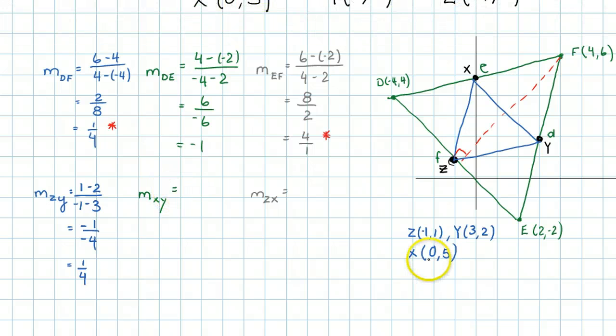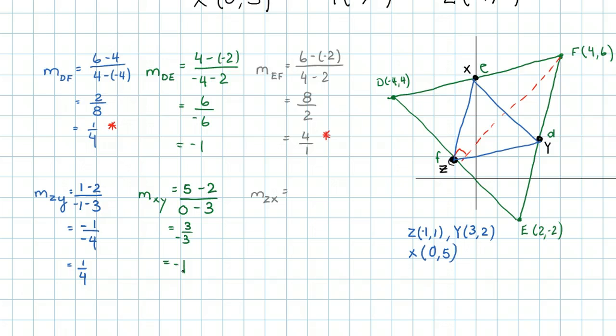So XY, so that's 5 minus 2 over 0 minus 3, which is going to be 3 over negative 3, which is equal to negative 1.